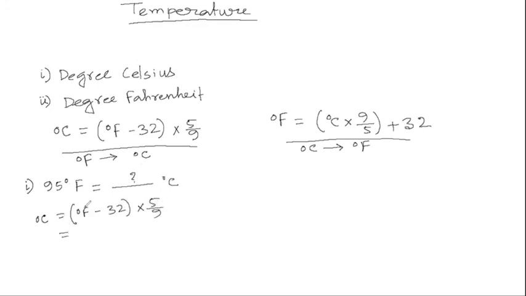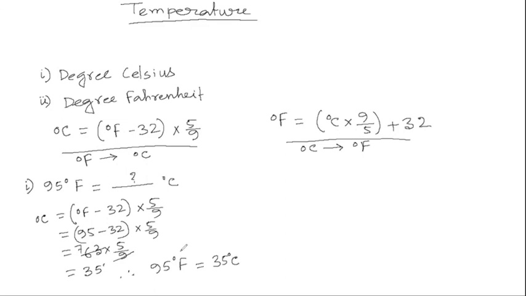In place of degree F, put the value: (95 minus 32) into 5 by 9. Subtracting gives 63, then 63 divided by 9 is 7, then 7 into 5 is 35. Therefore 95 degree F equals 35 degree C. This way you can convert different temperatures from the Fahrenheit scale to the Celsius scale.